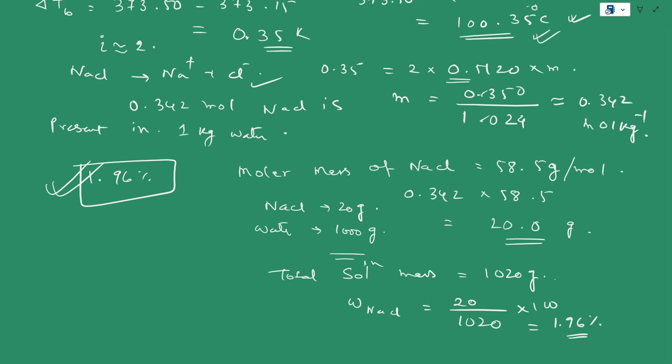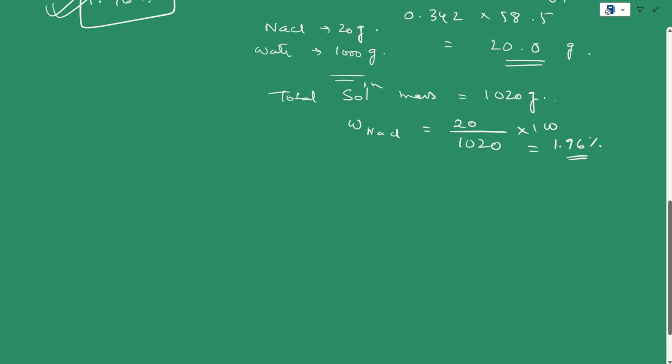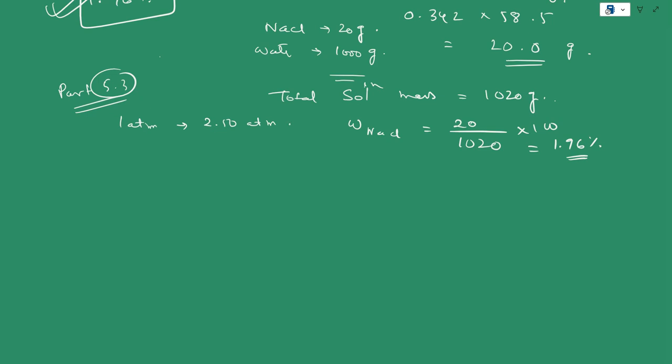So now come to question number 5.3. That is effect of pressure on the boiling point, right? Now the Olympiad becomes dangerous here. Pressure increases from 1 atm to 2.50 atm, right? And we must calculate the new boiling point, and this uses the Celsius.